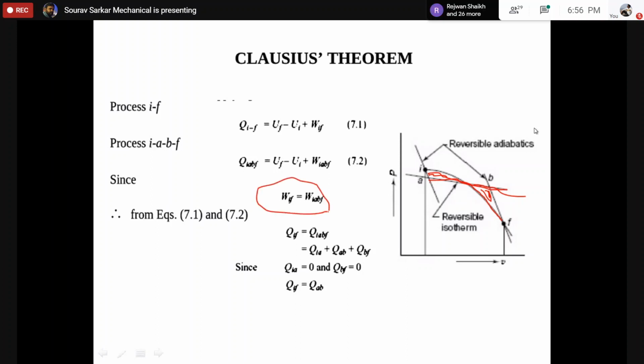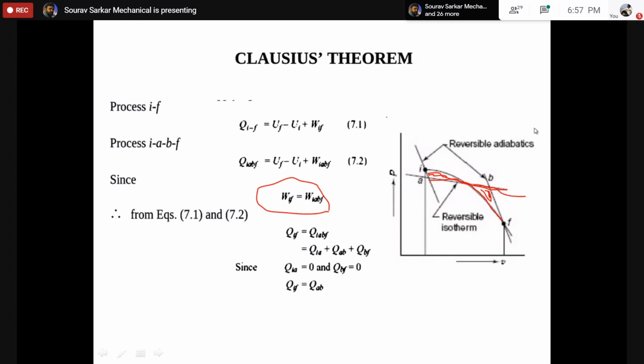So I am doing it because, what is my statement? My statement is that any process in the PV diagram can be replaced by a combination of three processes: one adiabatic, one isothermal, and another adiabatic. I am designing this adiabatic, isothermal, adiabatic in such a way that the process can be replaced. Now the question is, what do you mean by that?